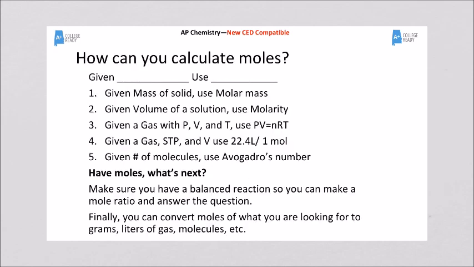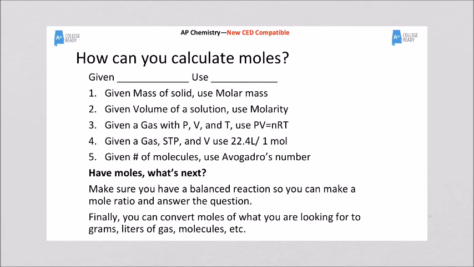What makes AP Chemistry a little bit more challenging than the first year class is that we learn different topics in individual chapters, and so now we need to think a little bit more globally. We've got to be able to think, okay, what have I been given in the problem and how can I change it to moles?